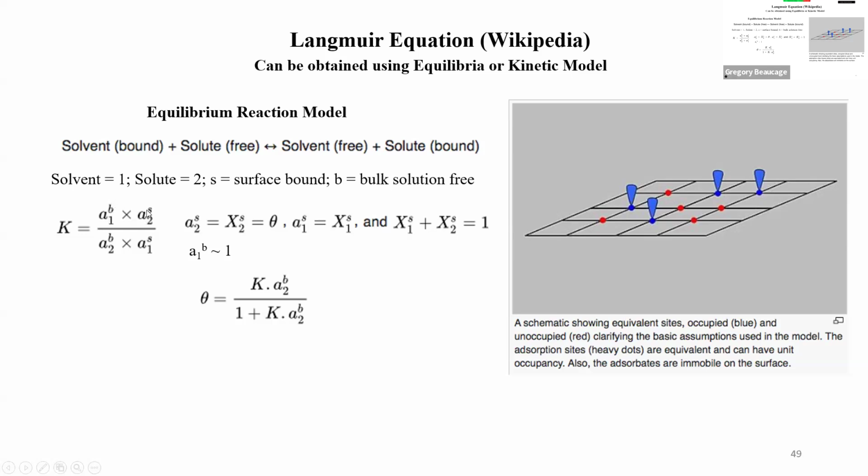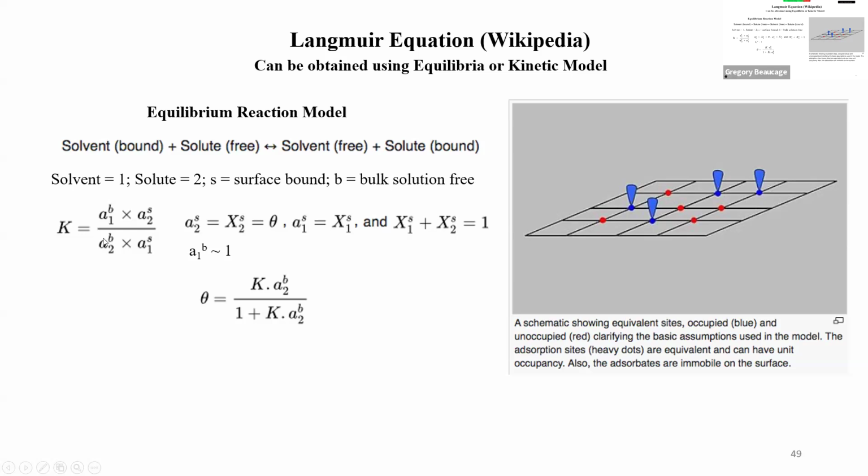You'll have a small impurity of the thing that's absorbing, so that thing's activity coefficient is 1, or the concentration you'd say is approximately 1. Right, so that term drops out. That's handy. And then you just have this theta term, which is the thing you're trying to get. And then in terms of the reactant part of it, there's A2 in the bulk, which is your starting concentration. So that's what you want to know. You want to know what the absorption is as a function of the concentration you put in. That's the equation you're getting.